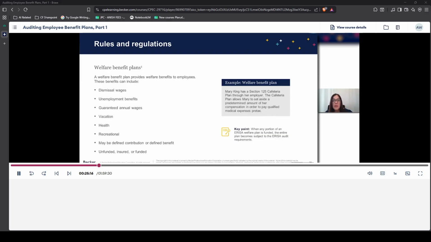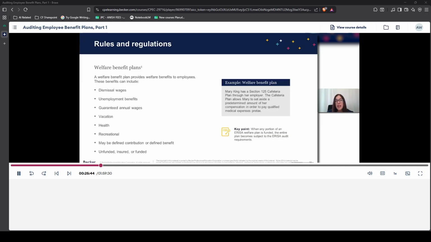The final type of plan that we will do a brief overview on is a welfare benefit plan. A welfare benefit plan provides various types of benefits to the employees. And with your welfare plans, it's going to be even more important to make sure you understand what type of plan it is that you're working with.